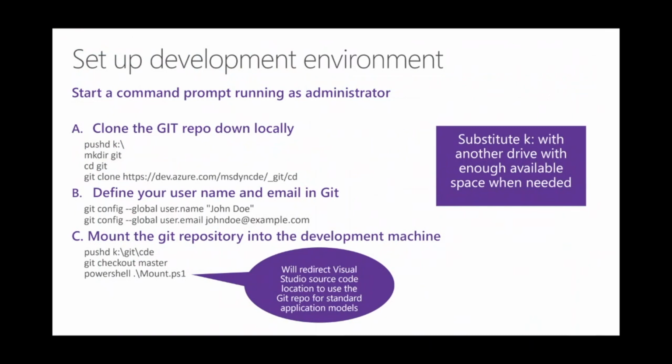In effect, when you're working within Visual Studio, everything will seem as it was, but behind the scenes we have some links that ensure that it gets connected up to the Git repository files.